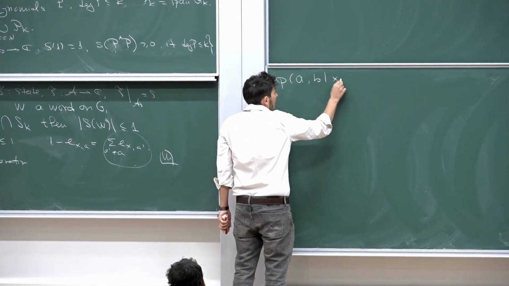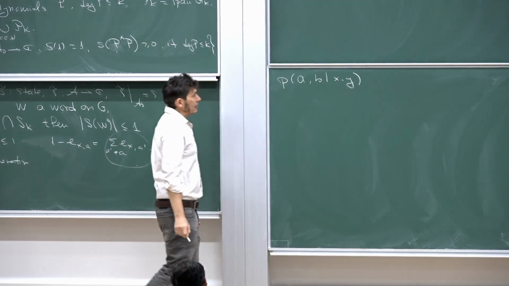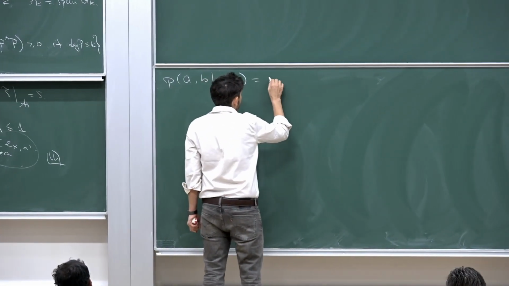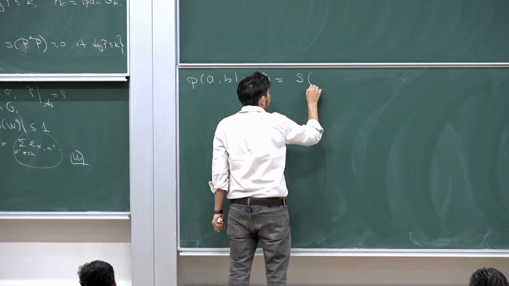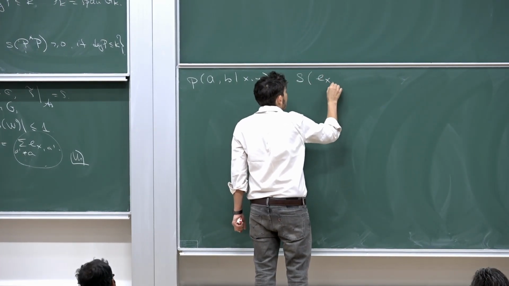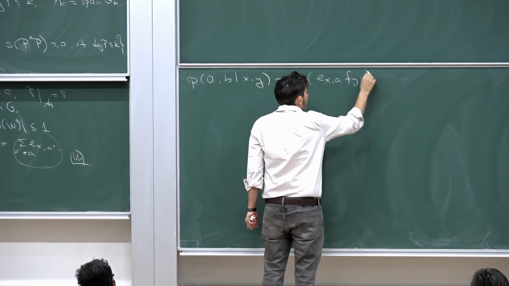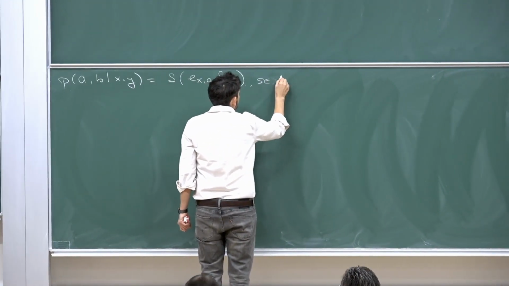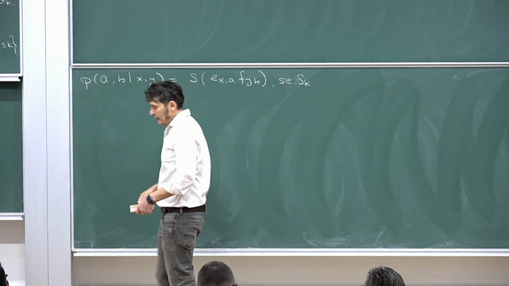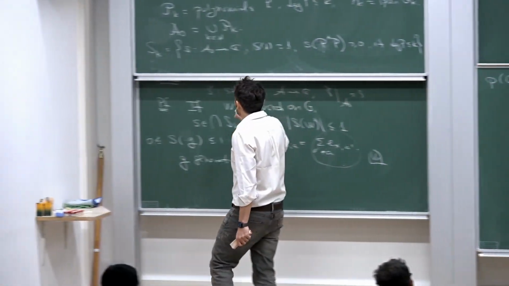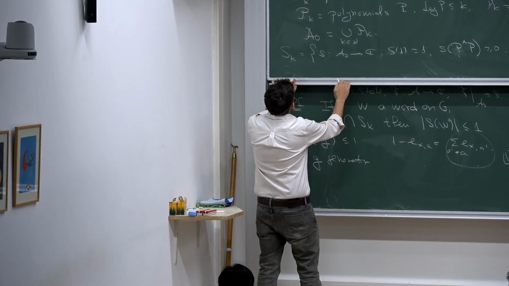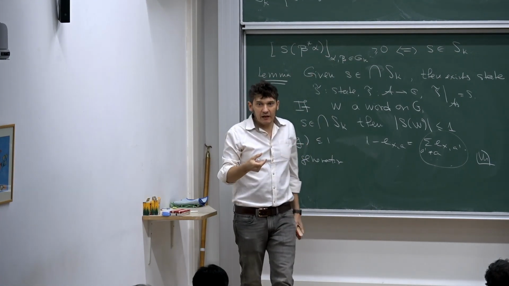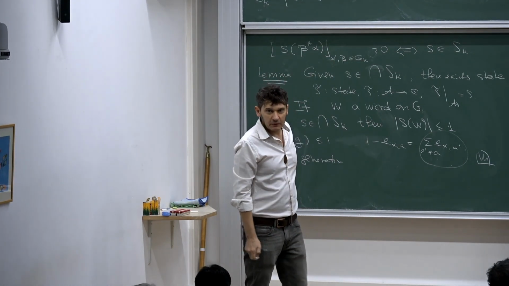It should have only those entries X, Y, and A, B, and some of them may come from some S evaluated at E_{x,a} F_{y,b}. And here I can choose S to be only from the set S sub K. So I'm taking the matrix that I had here, and I'm restricting it only to the entries alpha and beta being equal to these ones.